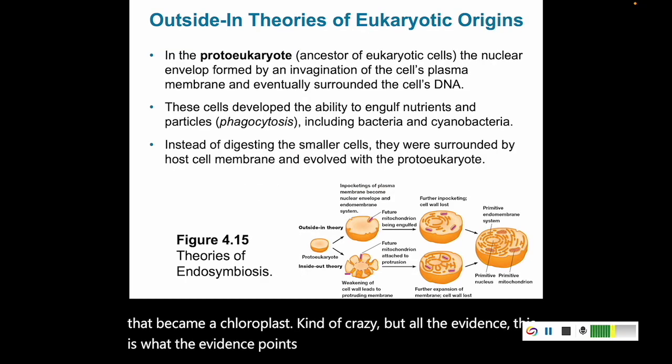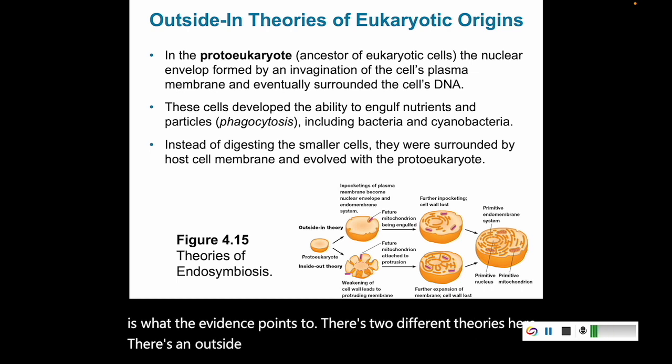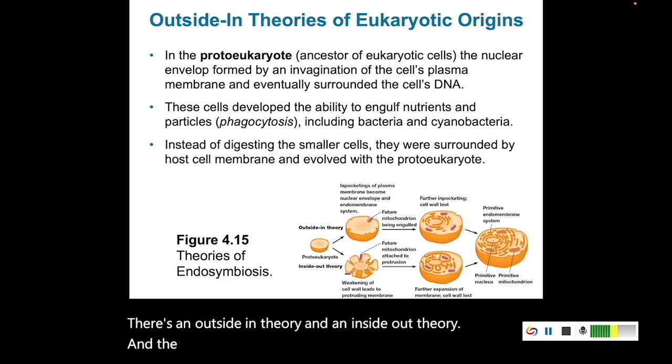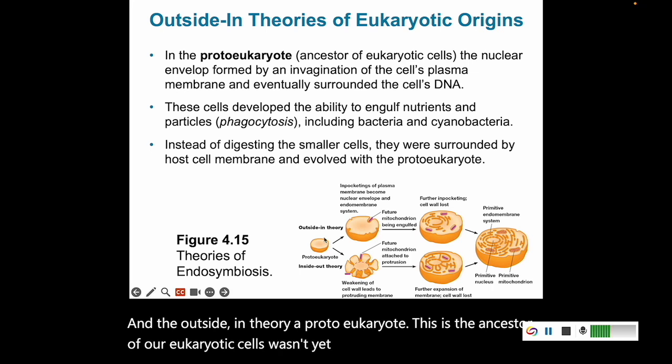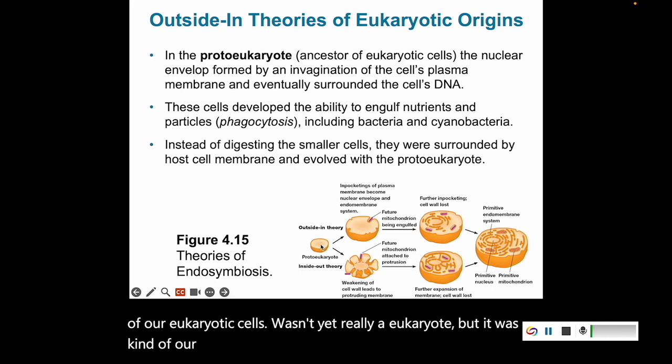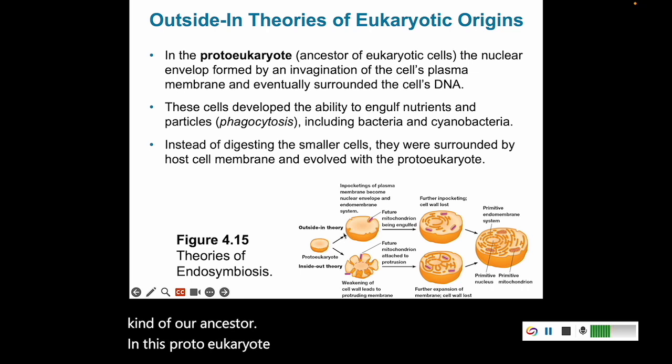There are two different theories here. There's an outside-in theory and an inside-out theory. In the outside-in theory, a proto-eukaryote, this is the ancestor of our eukaryotic cells, wasn't yet really a eukaryote, but it was kind of our ancestor. In this proto-eukaryote, the nuclear envelope formed by invaginating the plasma membrane.